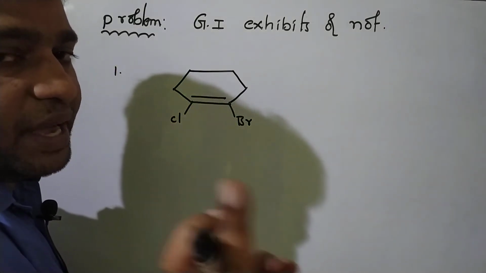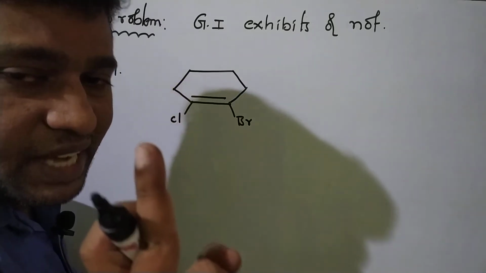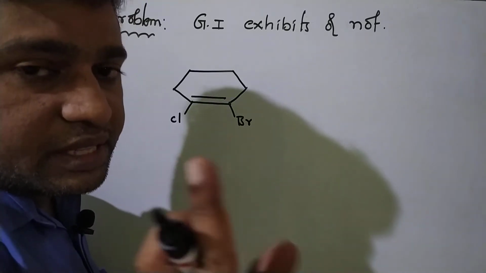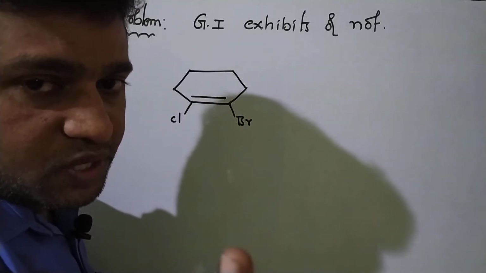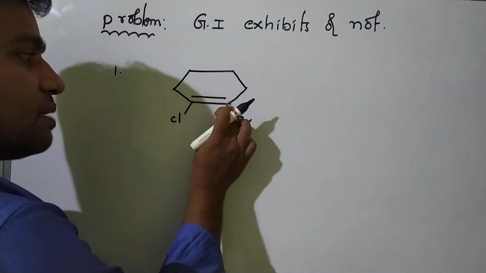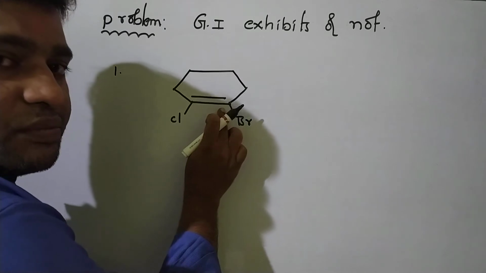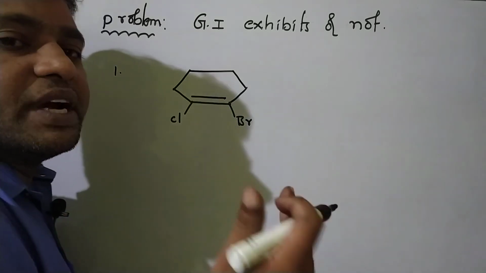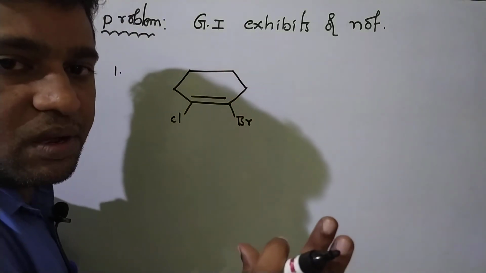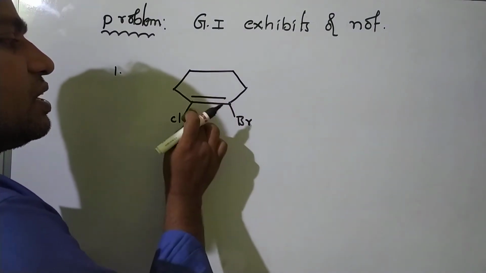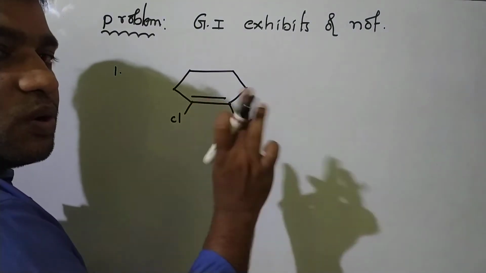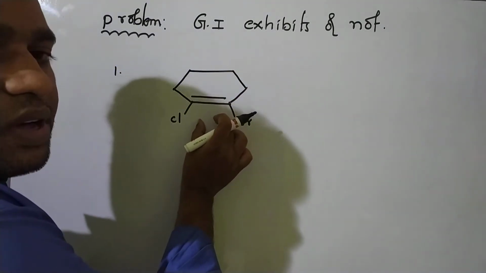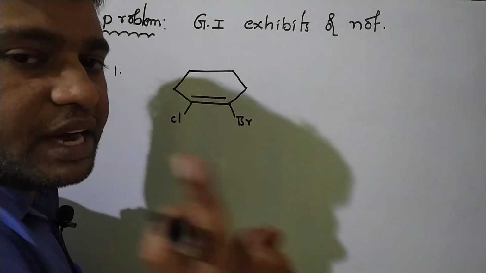Okay, don't forget the main rule. If the given cycloalkene has 8 carbon atoms or more, then only it will give geometrical isomerism. Suppose you believe this is a carbon-carbon double bond, and if you consider it as a stereocenter, so these two groups are different, you did a mistake. Definitely you will commit a mistake. Okay, understand? If you believe that A, B are different and C, D are different, no. In the case of cycloalkenes, the given cycloalkene must have 8 or more carbons.